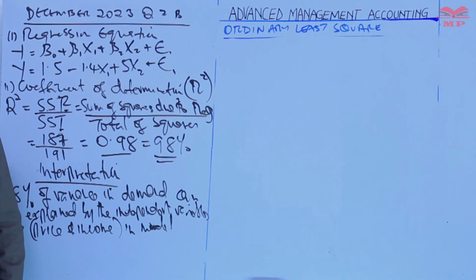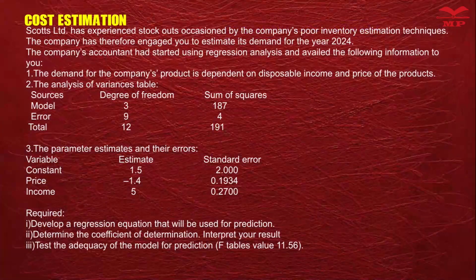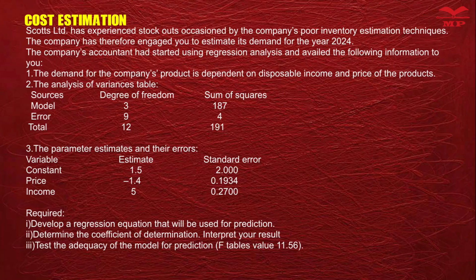Part 3 of the question reads: test the adequacy of the model for prediction. F table's value is 11.56. Now, to test the null hypothesis that all the slope coefficients in the multiple regression model are jointly equal to 0 against the alternative hypothesis that at least one slope coefficient is not equal to 0, we must use an F test.